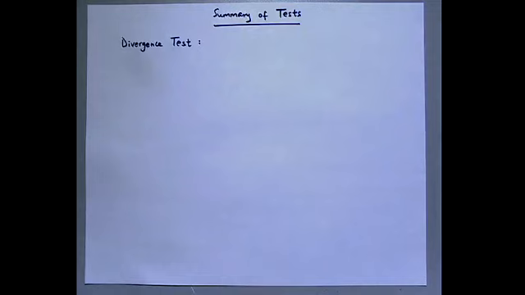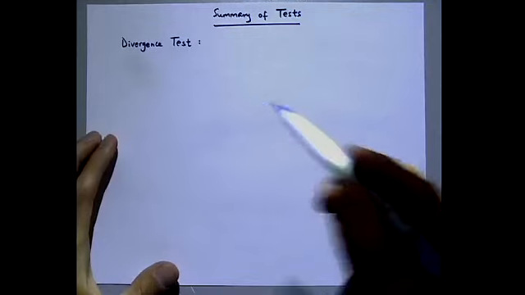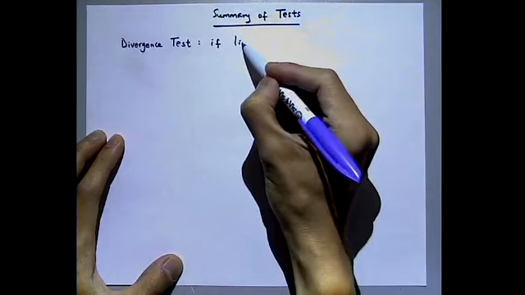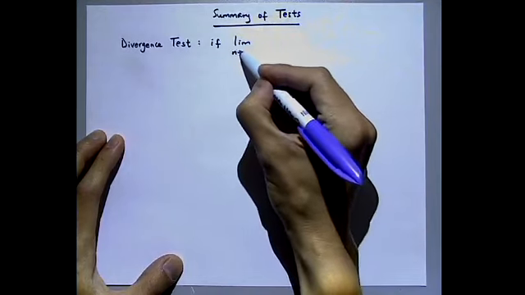The first one, the divergence test, it doesn't really tell you if something converges, but it tells you if something diverges. So it doesn't give us the answer, but it's something that would help us in many situations.